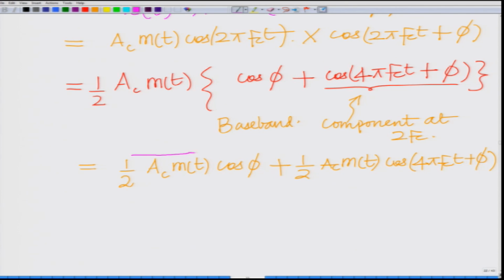Of course, the first is the baseband and the second is your component at 2 f_c.